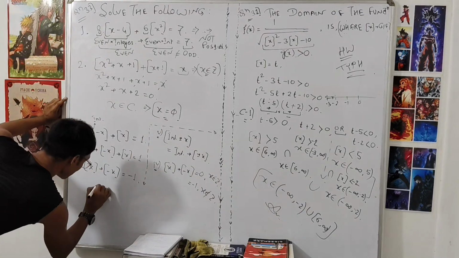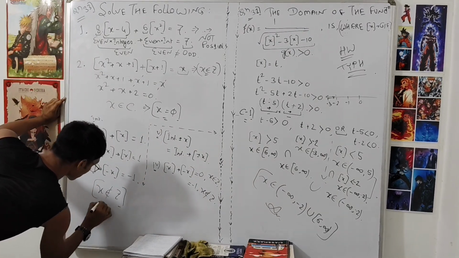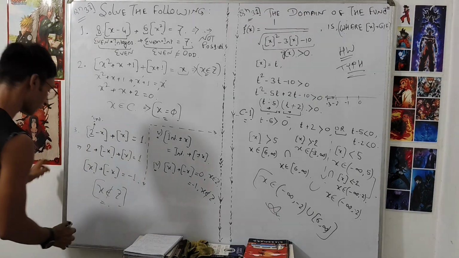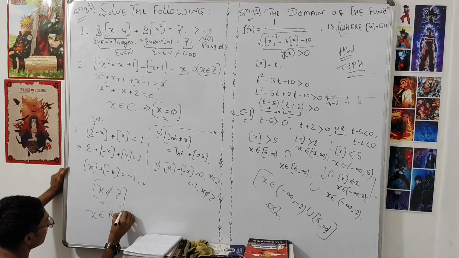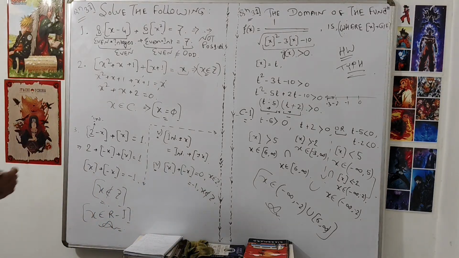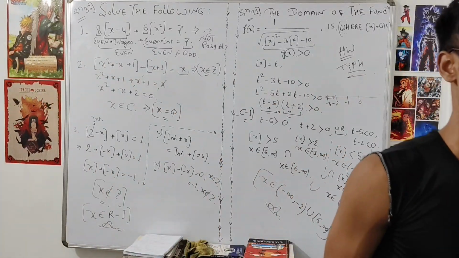Now we will simply write that x does not belong to z, that means R minus z. So x belongs to the real numbers minus the set of integers; we just remove the integer set. This will be the answer in this case. I hope up to this you got it.